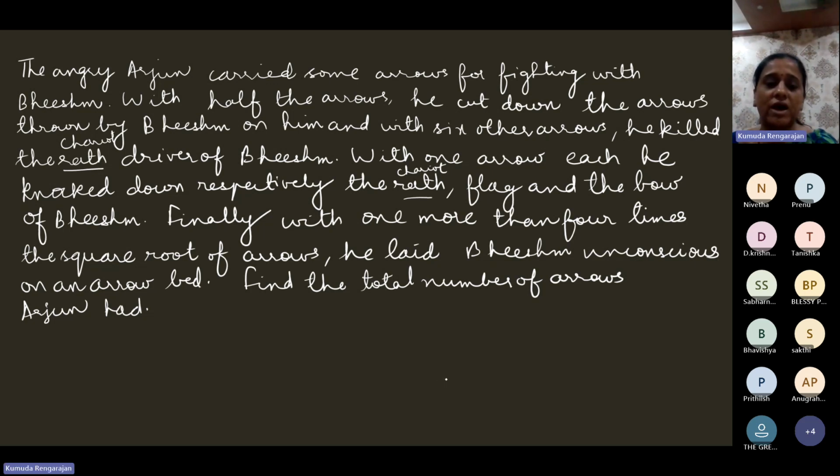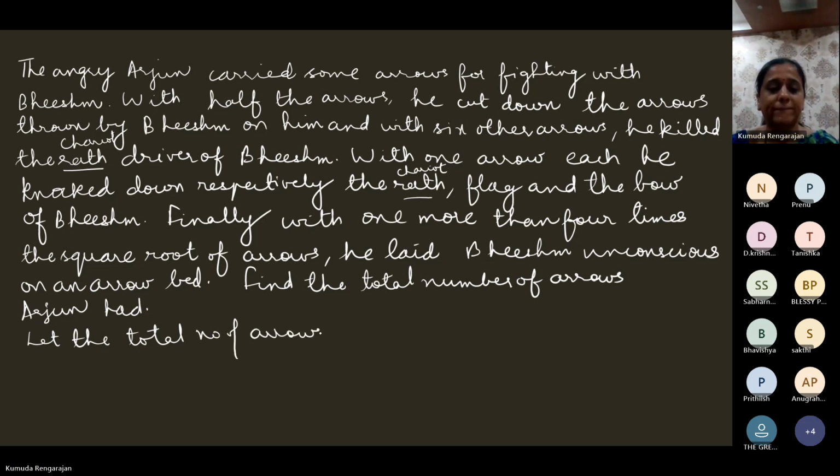Find the total number of arrows Arjun had. So let the total number of arrows Arjun had be X. Now let's see from the beginning.